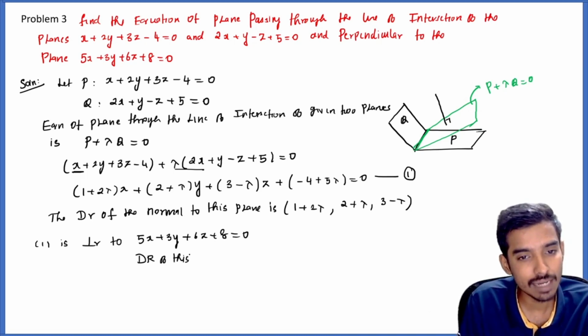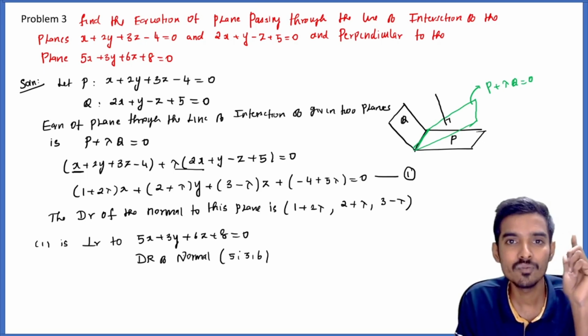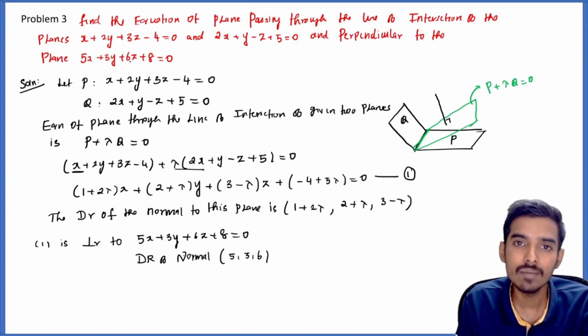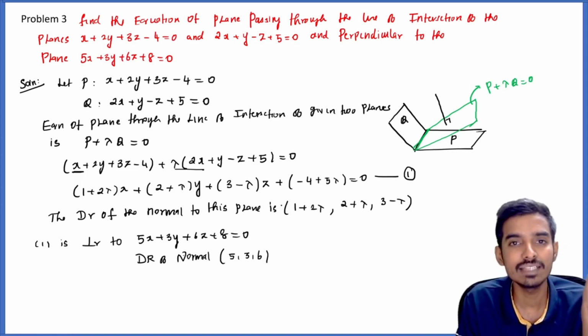The direction ratio of the normal for this plane is 5, 3, 6. And we know the direction ratio of P plus lambda Q is 1 plus 2 lambda, 2 plus lambda, 3 minus lambda.